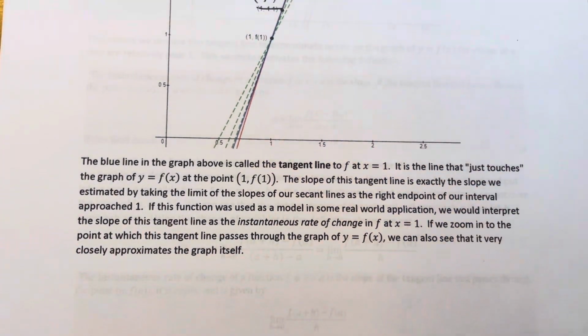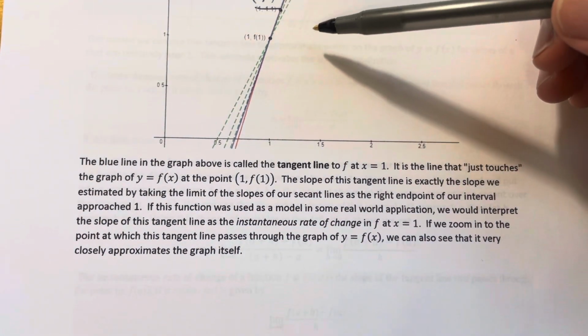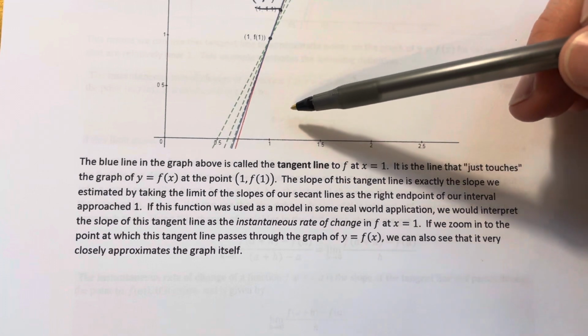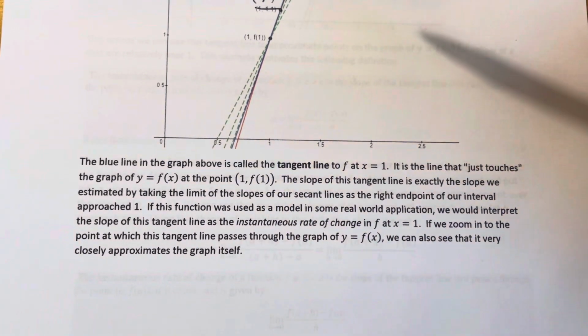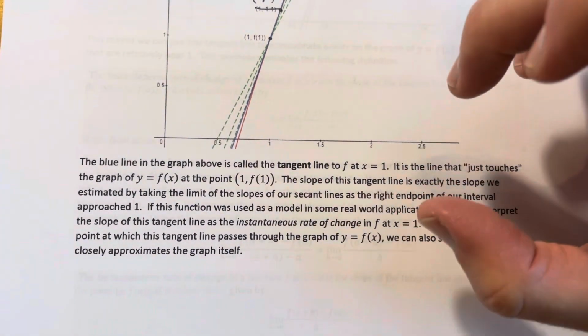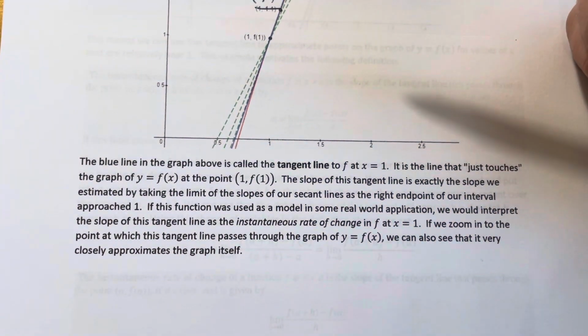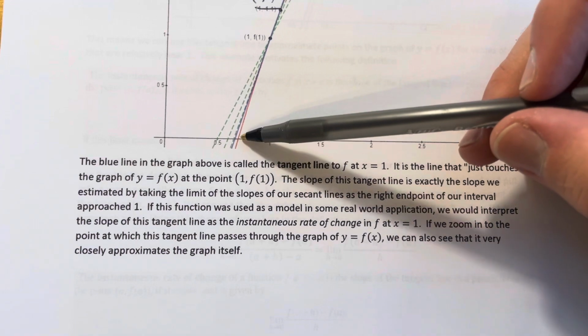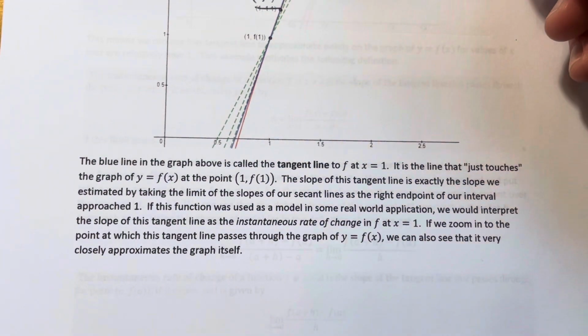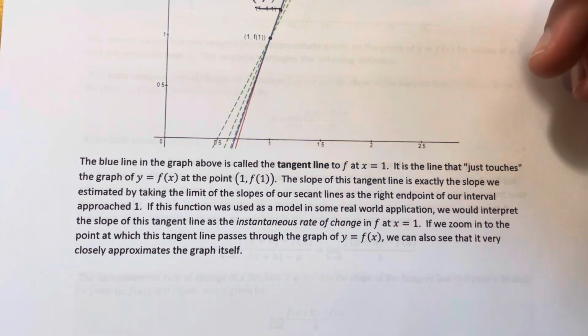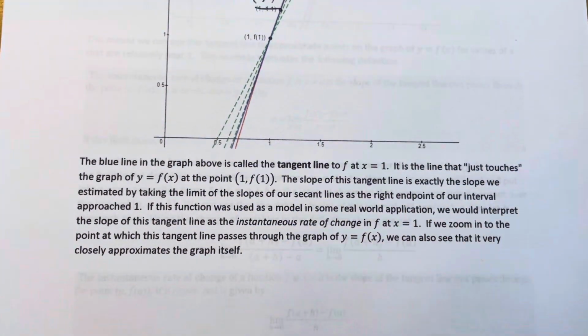And remember, that's kind of what we've been working towards this whole time, is how to find an instantaneous rate of change as opposed to just an average rate of change, which really just approximates that instantaneous rate of change. So if we have a method for finding the slope of that tangent line right there, then we will have found that instantaneous rate of change.